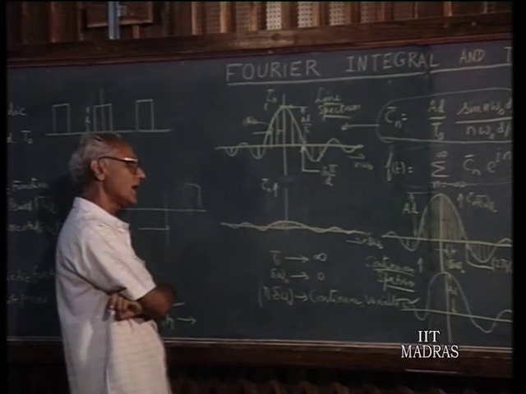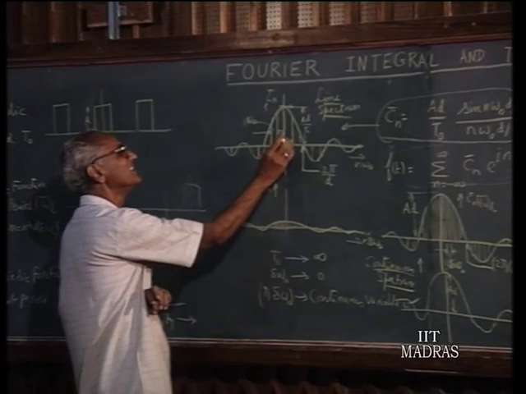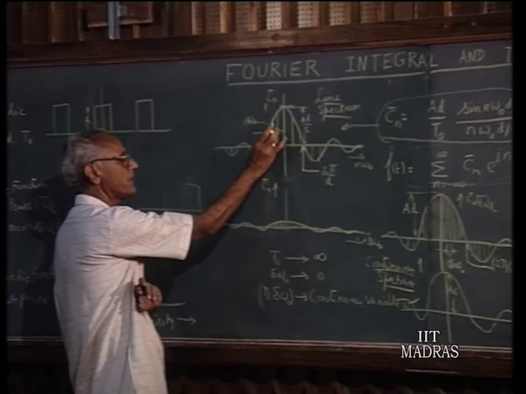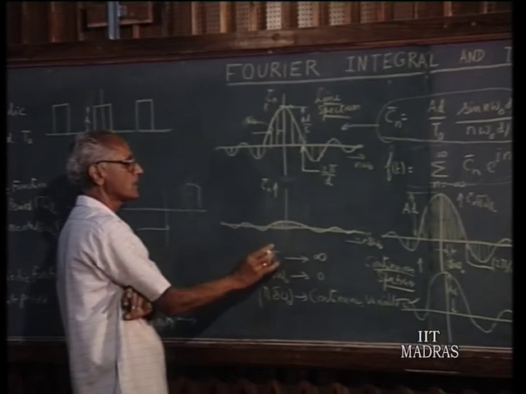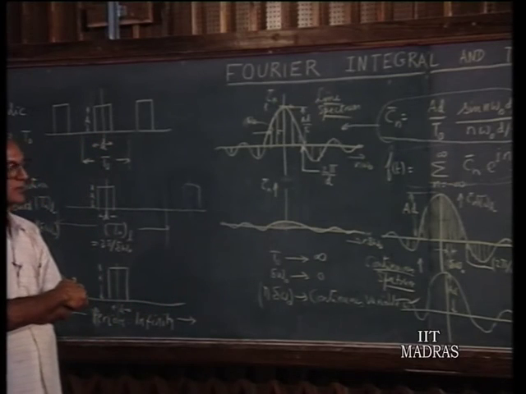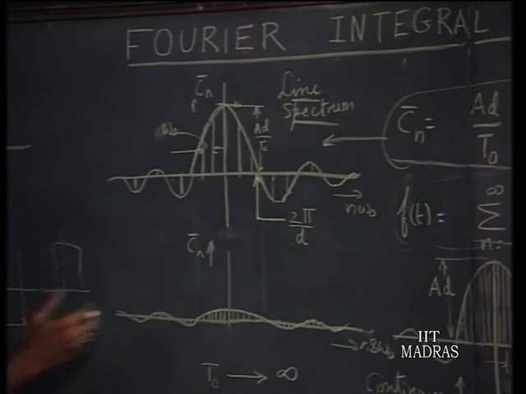Another fact that we noticed was that the spacing between the lines, instead of omega naught, the fundamental frequency earlier, becomes smaller and smaller, because as T naught increases, omega naught becomes smaller and smaller. But this is not meaningful to us in the limit when T naught becomes infinity, because we are moving towards a direction in which the period is to be considered infinitely large.